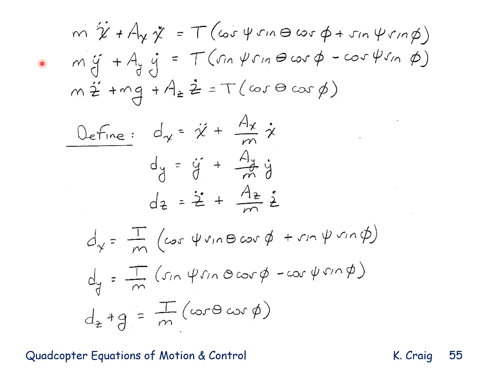I've rewritten the translational equations of motion, including the drag coefficients a sub x, a sub y, a sub z. I define d sub x, d sub y, d sub z as shown. The equations of motion then can be rewritten as shown below: d sub x equals, d sub y equals, d sub z plus g equals.